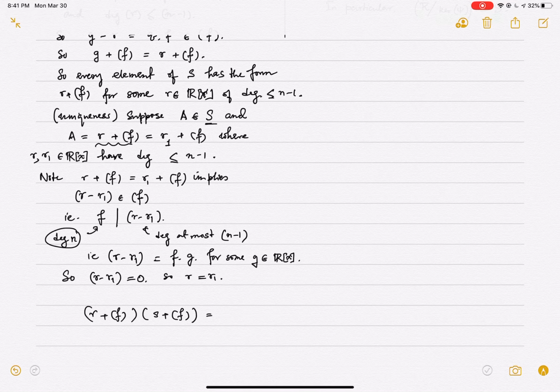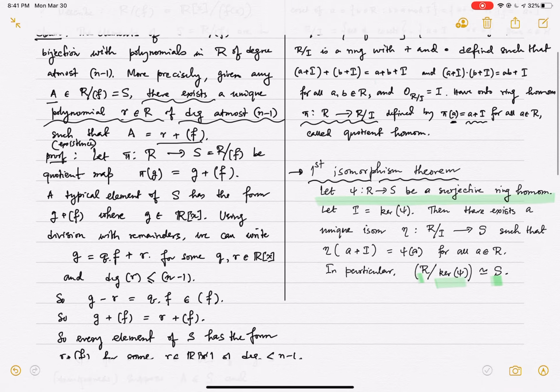So let's say the remainder when R times S is divided by F. That's a temporary notation. Yeah, so that's how the multiplication works if you want to represent everything in terms of polynomials of degree at most n minus 1. And we'll talk more about this description.